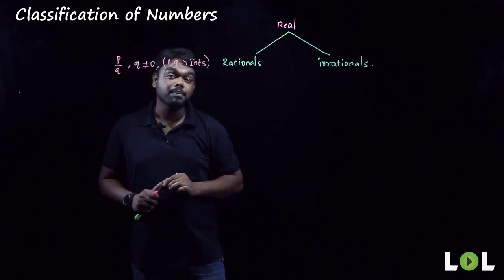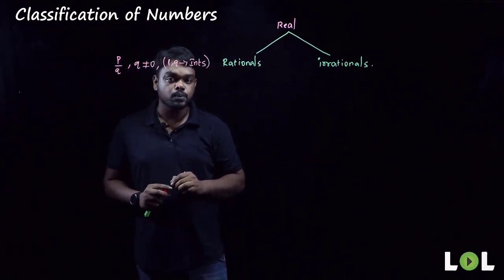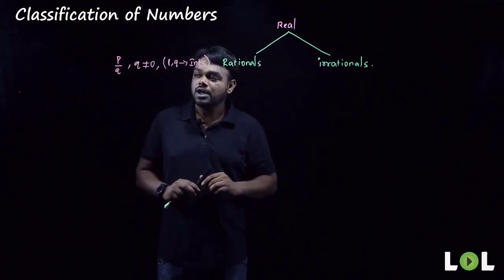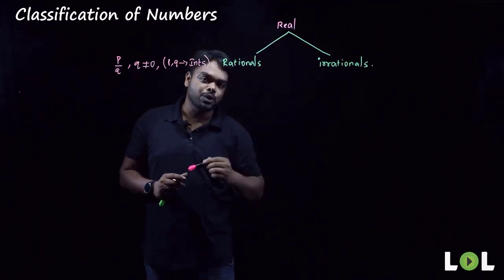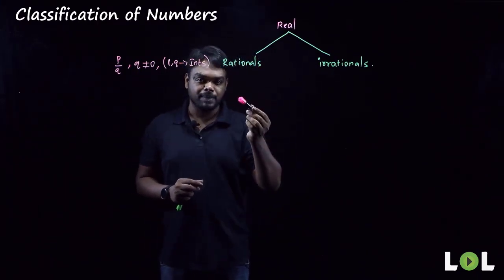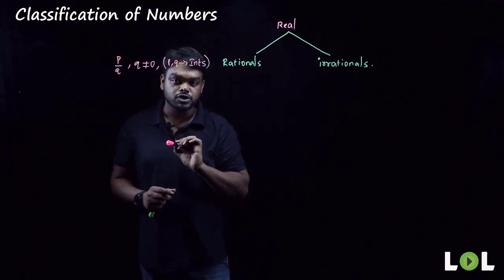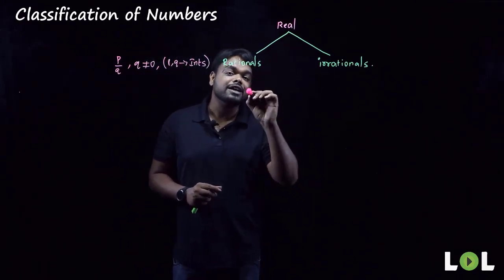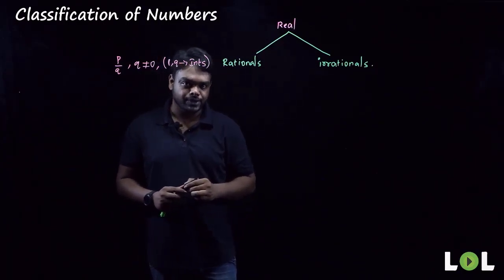So rational numbers are those numbers which are in the form of p by q, where q is not equal to 0 and both p and q must be integers. Now, why is q not equal to 0? Any number divided by 0 is infinite or indeterminate, which is not a number at all. So that's why q cannot be equal to 0. Now, why must p and q be integers? That you'll understand after a couple of minutes. I will get back to that point later, right?